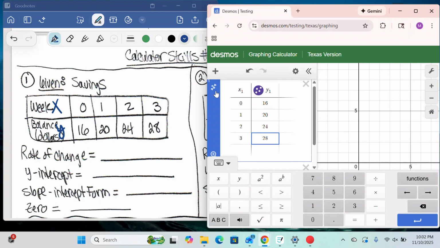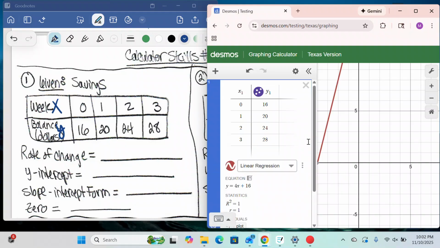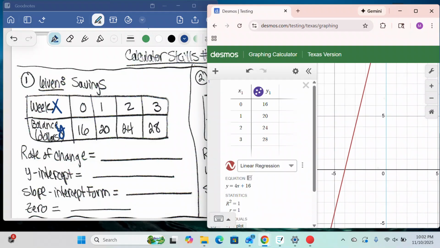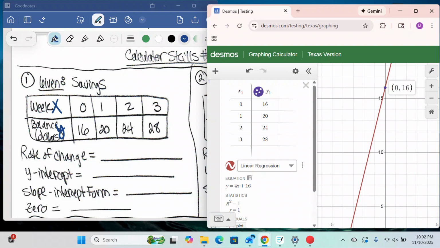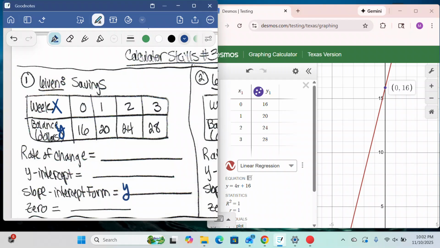Then I'm going to press right here where it has a little leaf button. You're going to add regression, and it gives us our linear equation. We can already see our x-intercept being at -4, 0. If I want to find my y-intercept, all I have to do is click, and it is 0, 16. First of all, I'm going to find my slope-intercept form. Right underneath the linear regression, it gives me y equals positive 4x plus 16.